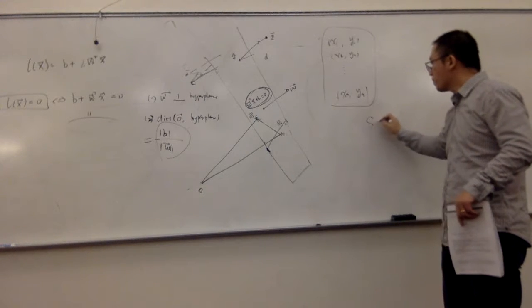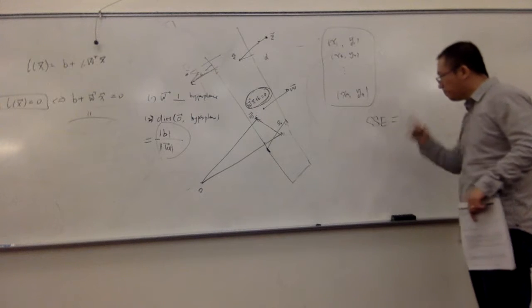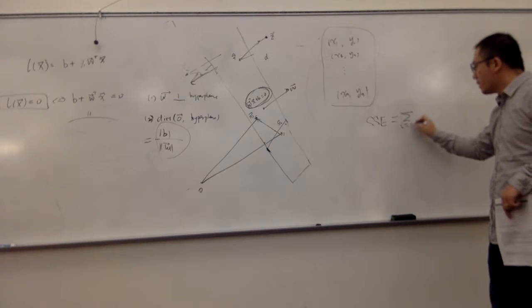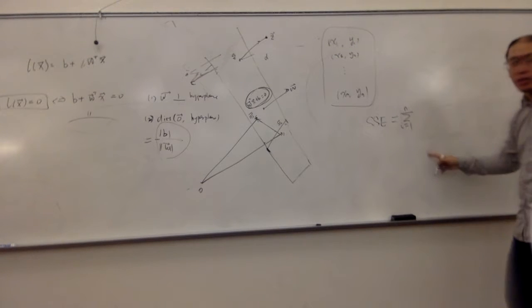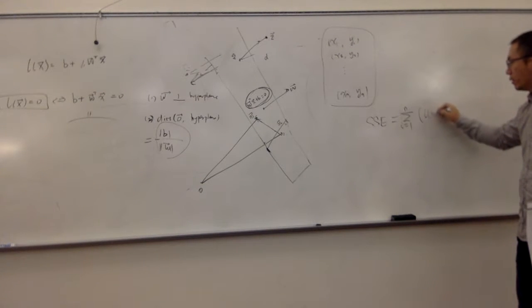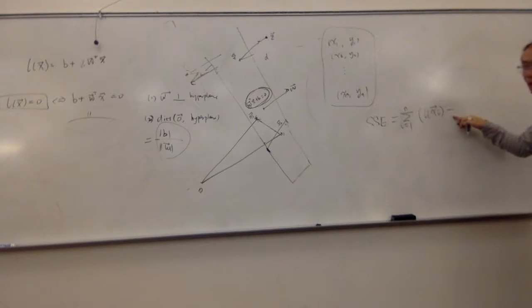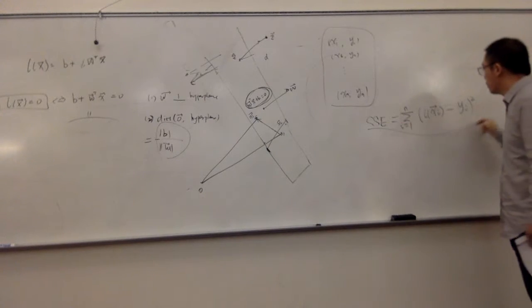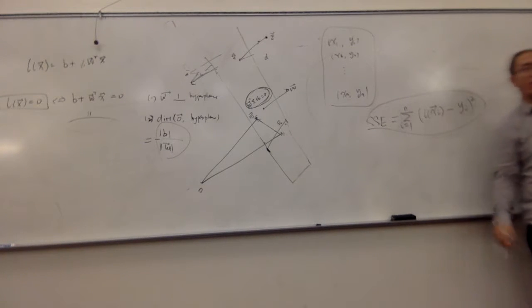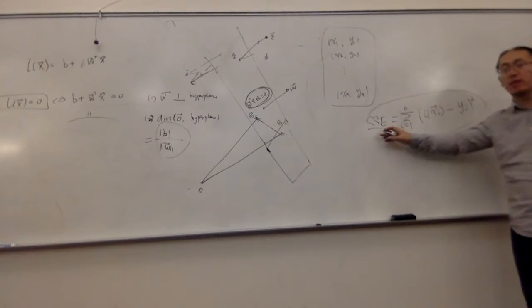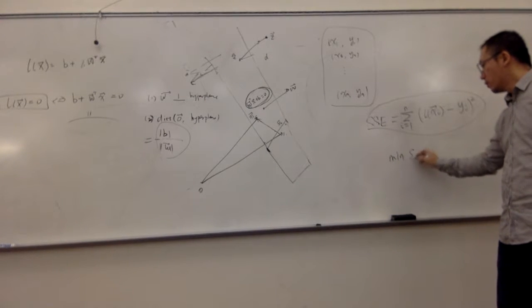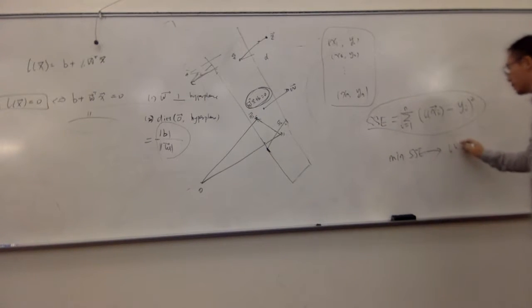We just construct the sum of square error, which is a summation over each training example, and each term is just the classification function value minus the true label, which is either 1 or -1, and take the square. This is directly inherited from linear regression. And we minimize SSE to find the best weight vector and intercept.